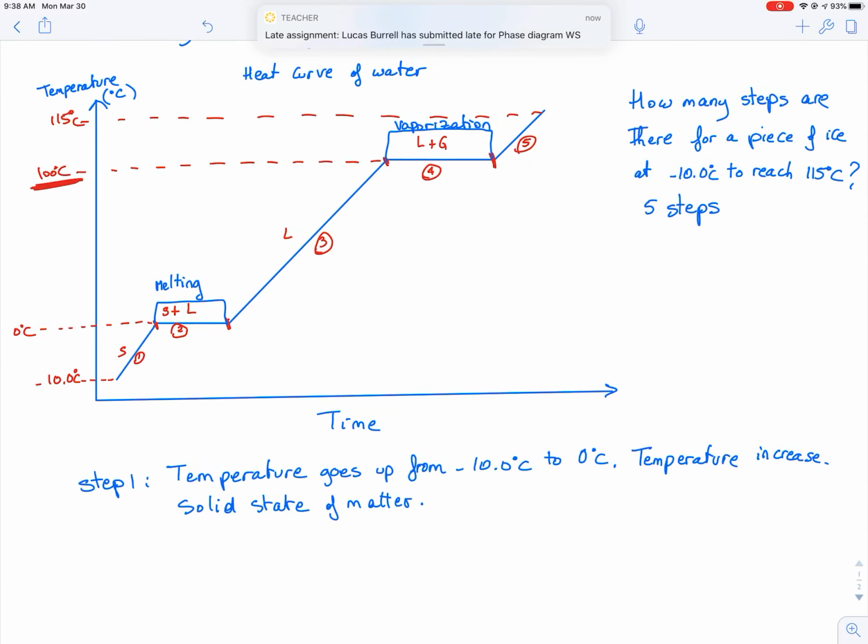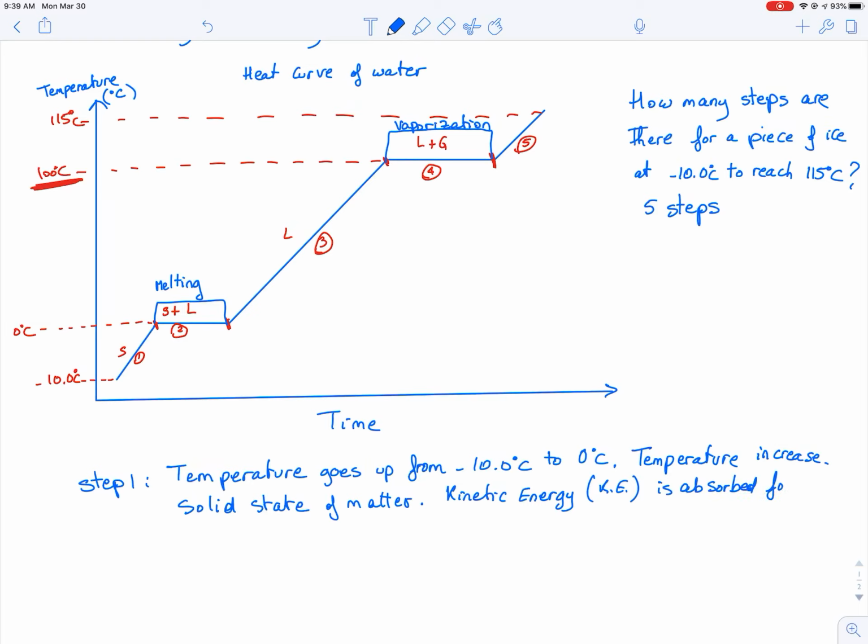So what I can say here is that kinetic energy, and from now on I'm going to use just KE, short for kinetic energy, is absorbed from the surrounding to increase the temperature of ice.